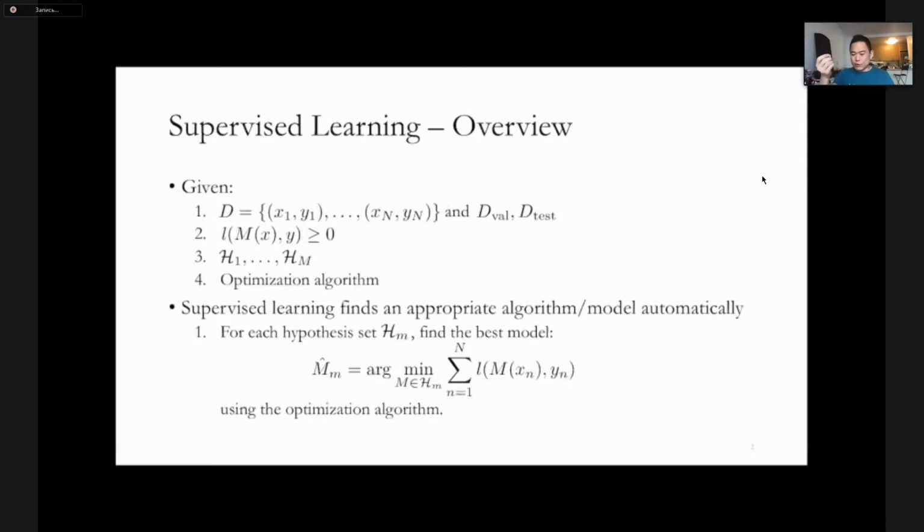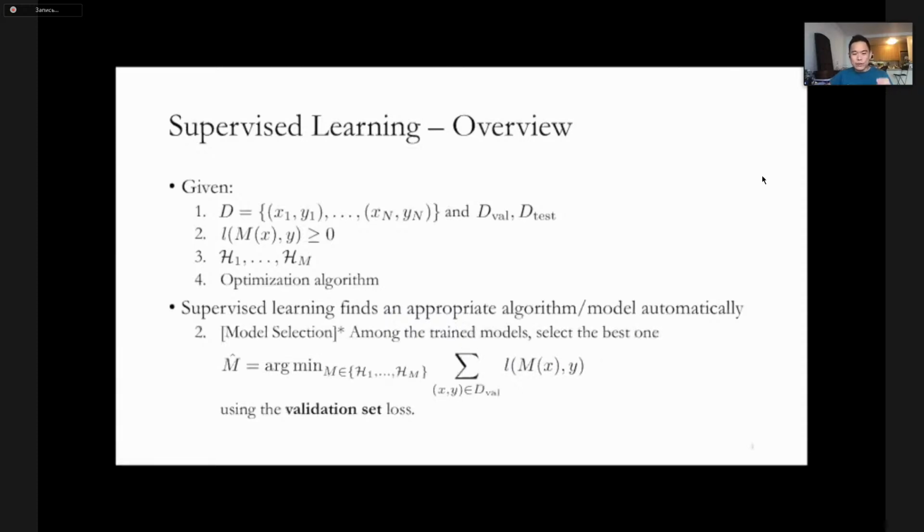What we're going to do is find one point in this hypothesis space that's going to minimize this. Of course, the goal is not really to simply find the one that minimizes the loss function over the training set, but to find the model that's going to work well on unseen examples. So we're going to use the validation set. That's the second partition that we talked about.